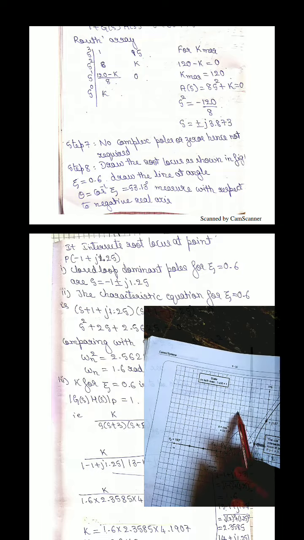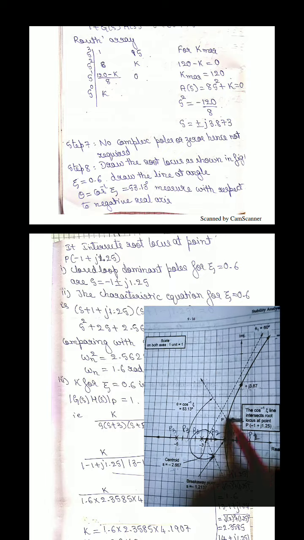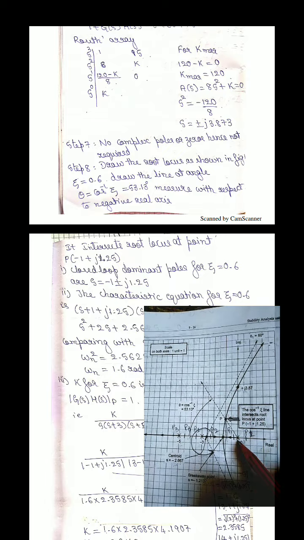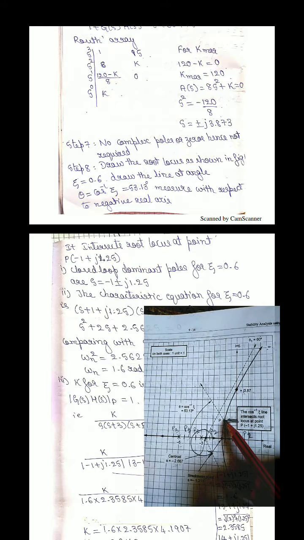After marking the theta point, you can see this breakaway line and this theta line joined here, so they have marked it as P. Next, that point's coordinates are minus 1 plus j 1.25.